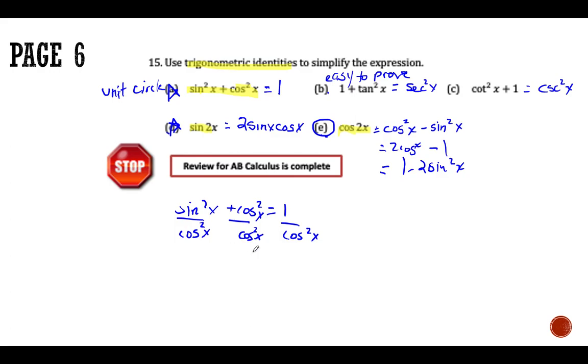I did the same thing to one side as I did the other. This is tangent. Cosine squared x over cosine squared x is 1, and 1 over cosine squared is secant squared. I can do the same thing for this by just dividing by sine squared instead of cosine squared, and you'll get this identity. They just don't come up as often as sine squared plus cosine squared and sine 2x.